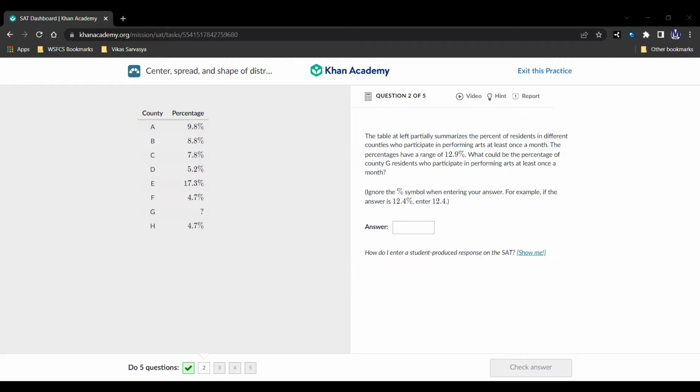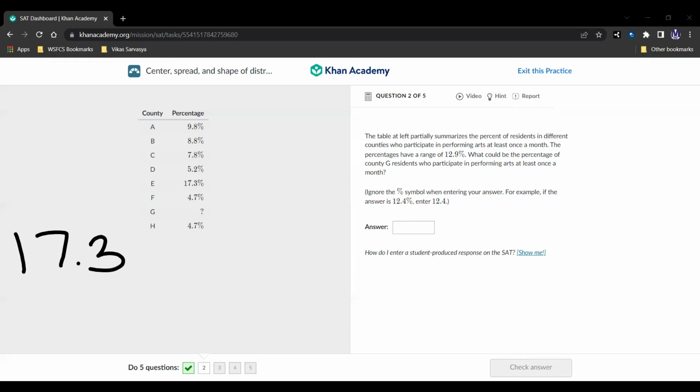Let's see, how are we going to go about doing this? So the percentages have a range of 12.9%. So the distance between the highest and lowest is 12.9%. So the highest here is 17.3%, right? And the lowest is, what is the lowest?